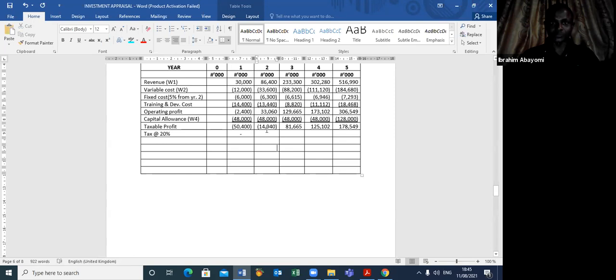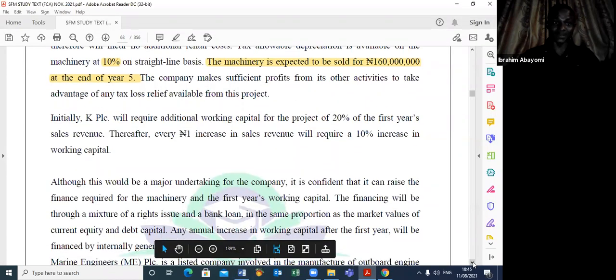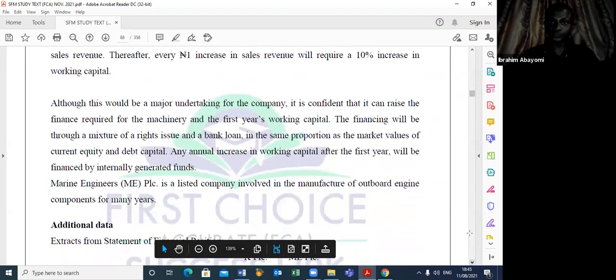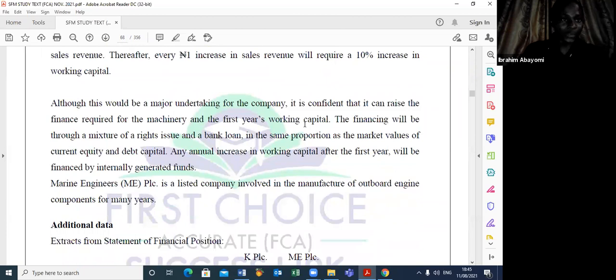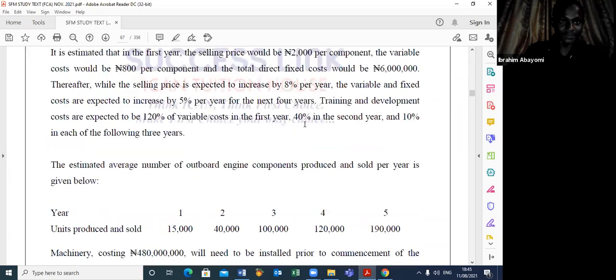Now, in the second year, the loss you made in year one is expected to be relieved. Let me go and show you the information here. Even though the information is not there, that is the normal treatment you should give to it. Let me see where you can say the company makes sufficient profit from other activities.